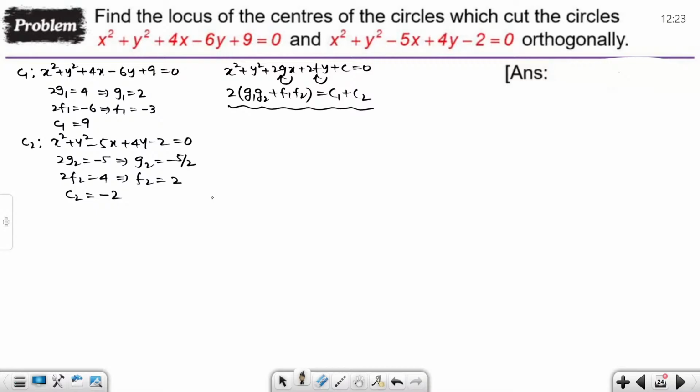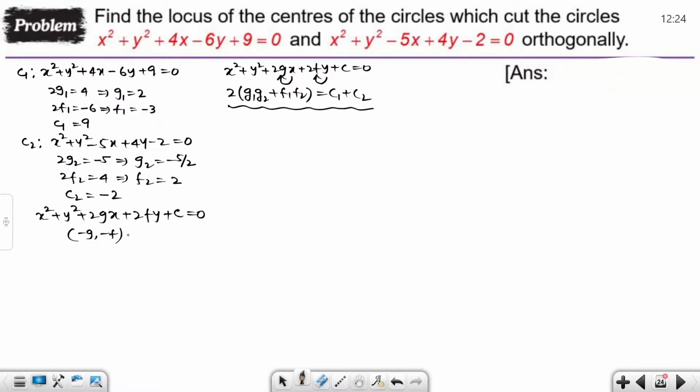So now we have to find out the locus of the centers of those circles which cut these two circles C1 and C2 orthogonally. So let me say the equation of the circle be this one. Is it clear? Let us say this is that equation. So the center is basically minus g comma minus f.